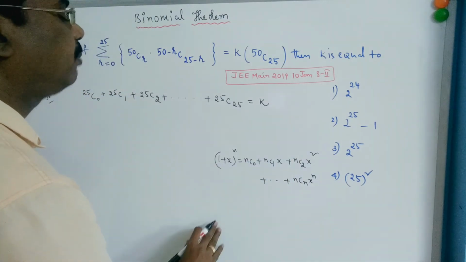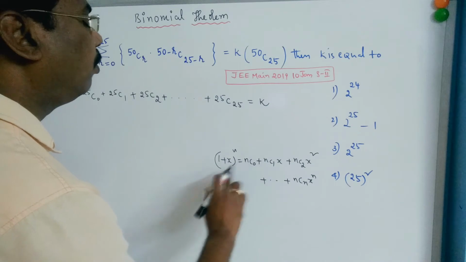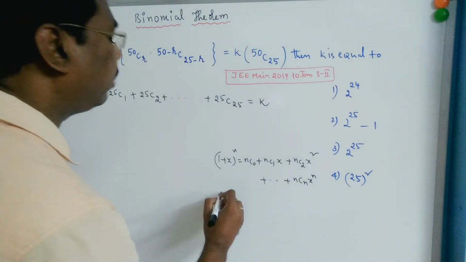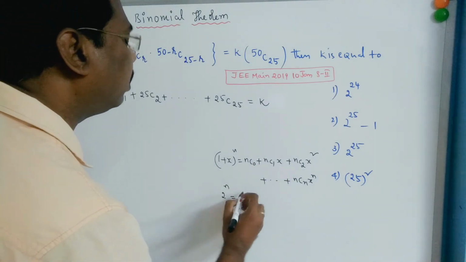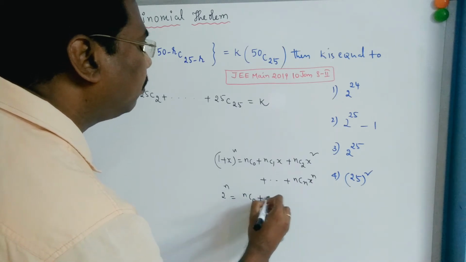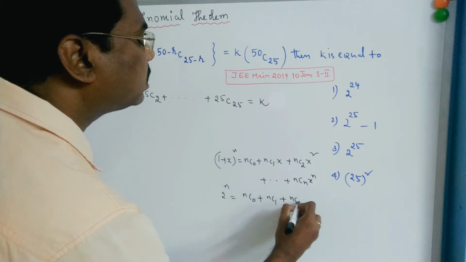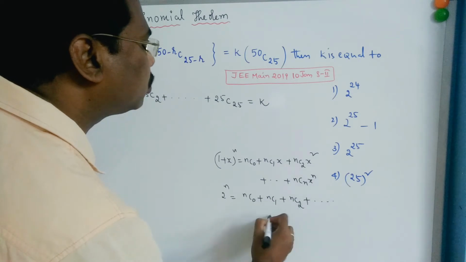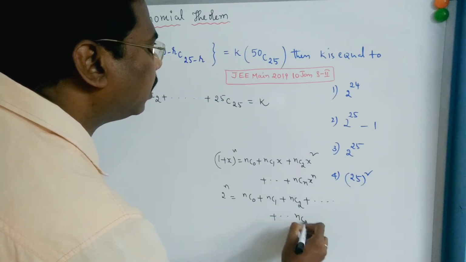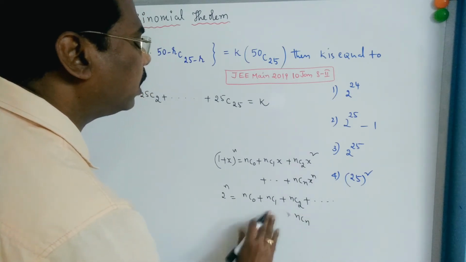Now for x is equal to 1, 2 power n is equal to nC0 plus nC1 plus nC2 plus up to so on plus nCn.